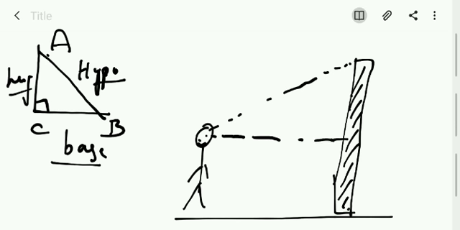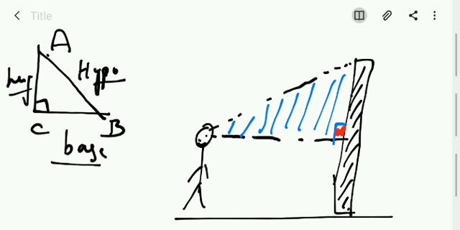can you see a right angle triangle over here? Yes, this is a right angle triangle which you will be seeing. Look here, a right angle triangle of 90 degrees has been formed.